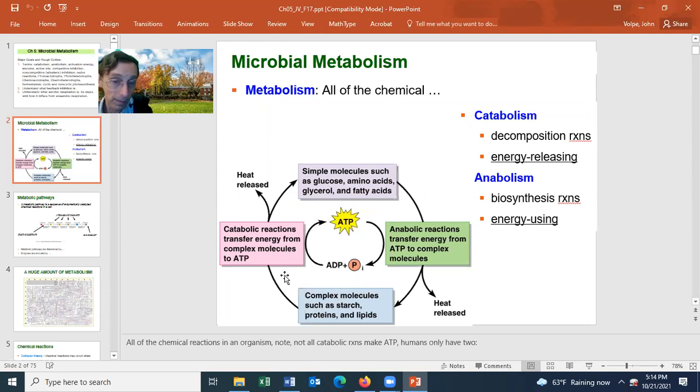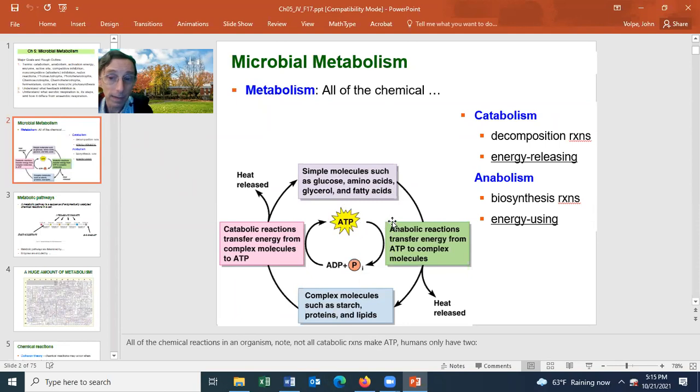The majority do not make ATP, such as when we break down sucrose into glucose and fructose. That is a catabolic reaction, but our cells cannot make ATP out of it, and green plants cannot either, and bacteria can't either. Any question about any of that?